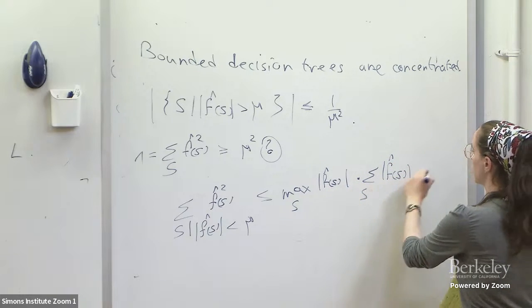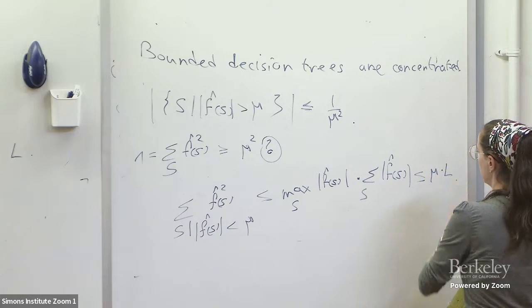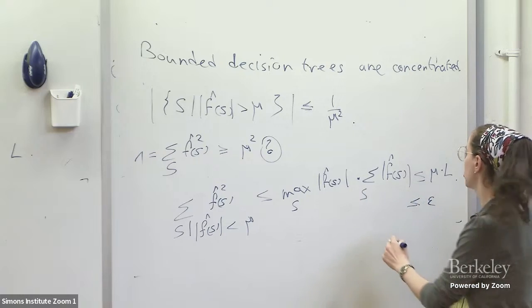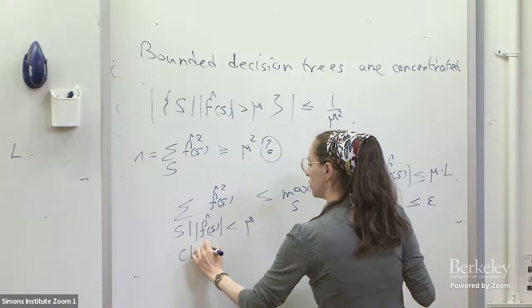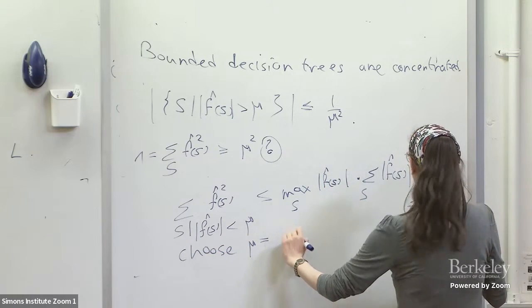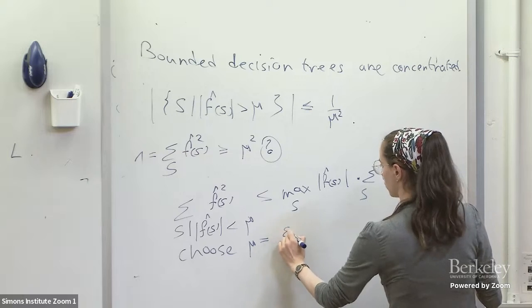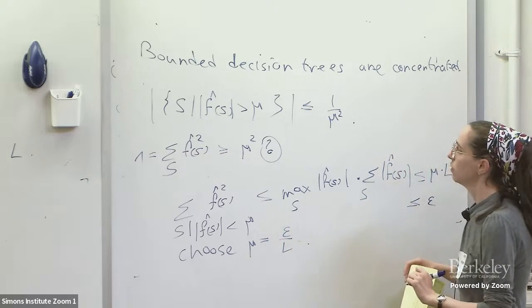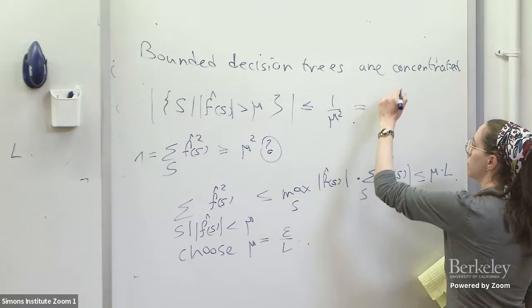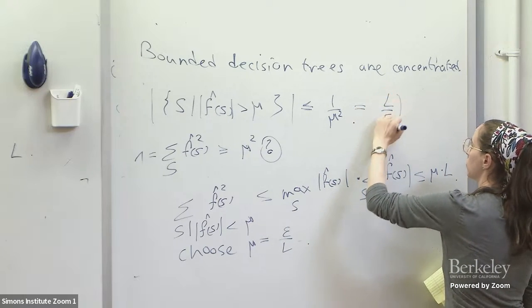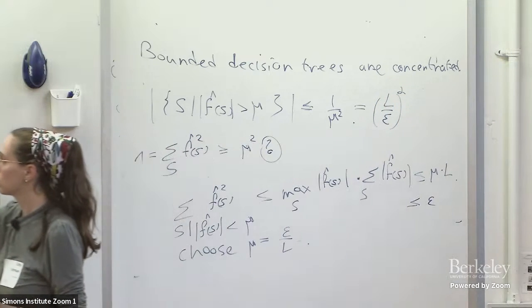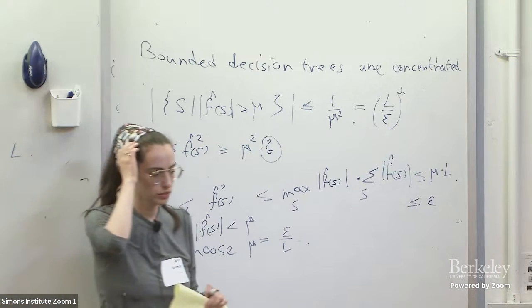The maximal is at most mu, and the L1 norm is L. So we have at most mu times L. If we want this to be at most epsilon, we just choose mu to be epsilon over L. And then we get here L squared over epsilon squared. So this is another way to show concentration.